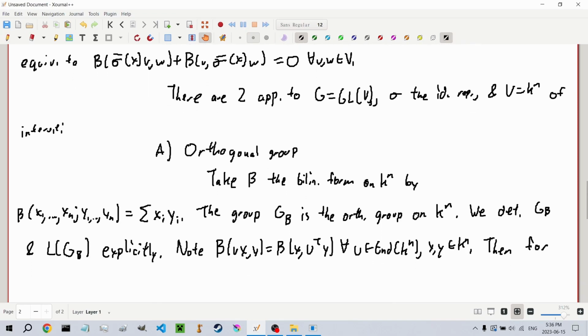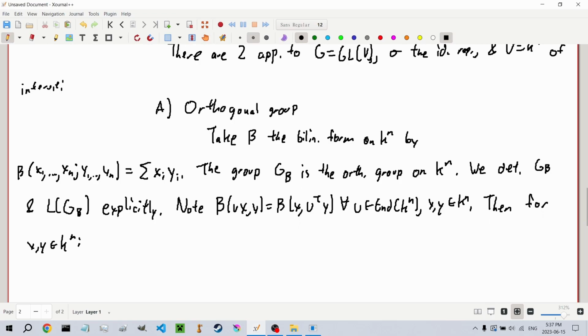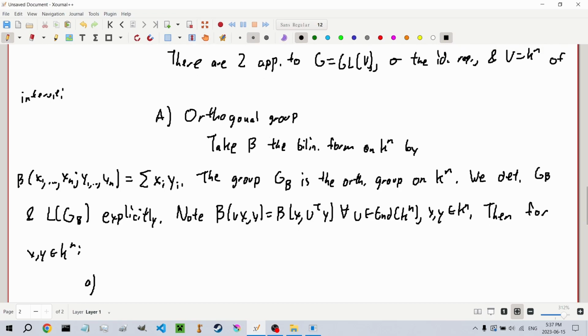Then we find for x and y in k to the n, first off, for g in GL of k to the n, I'm tired of saying general linear Lie group whenever I write this out.